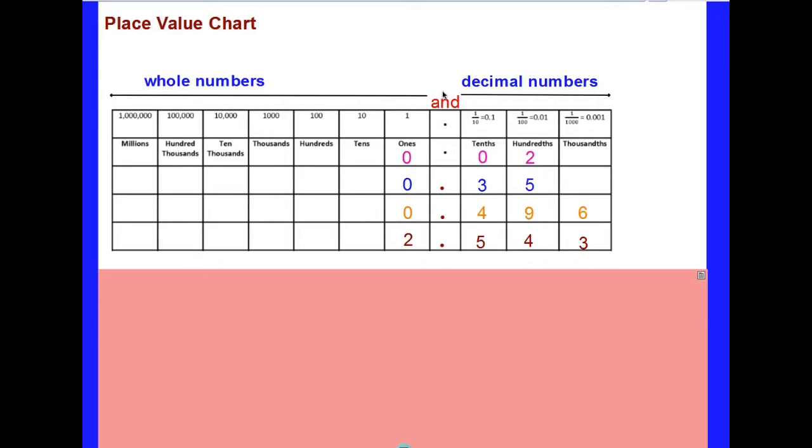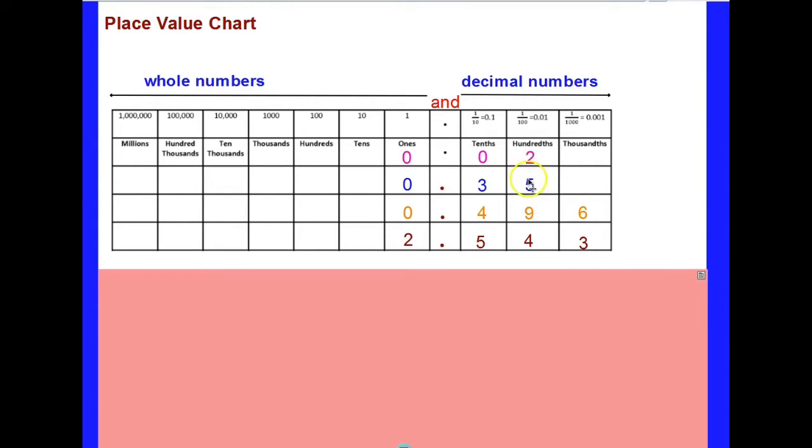For example, let's read these decimals. Since I do not have any ones or any whole numbers at all in the first three examples, I can simply say 2/100ths because 2 names the place that this decimal falls in. So I will say hundredths. 35/100ths.